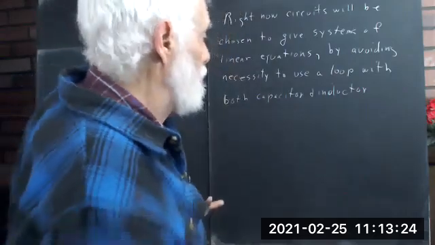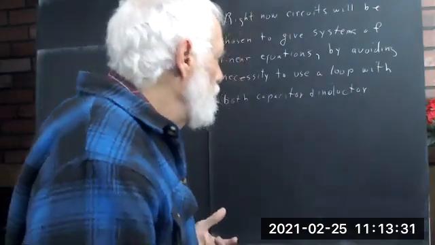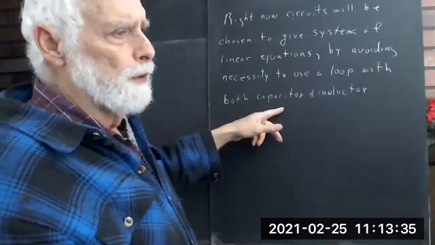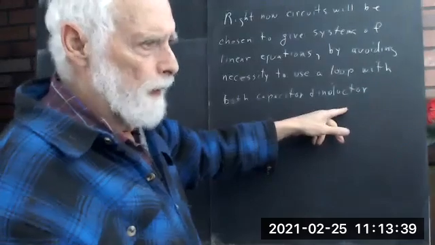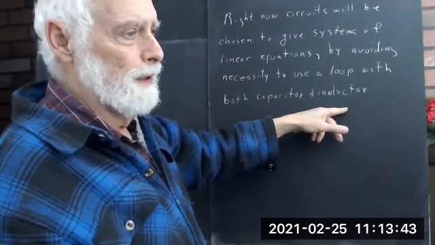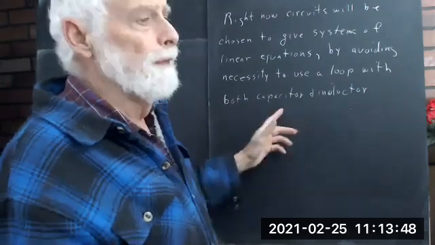And the reason for that is pretty simple. The capacitor is controlled by the charge. The inductor responds to the rate of change of the current, or the derivative of the current. Now, the current is a derivative of the charge.